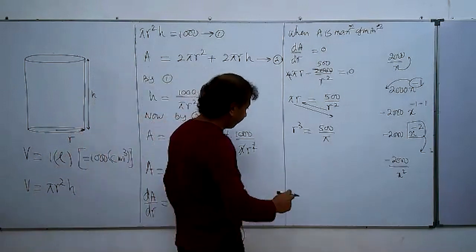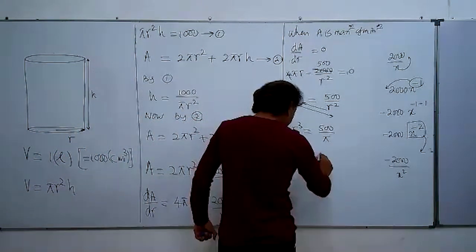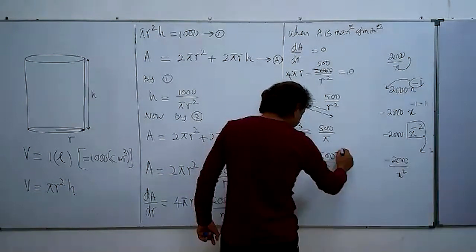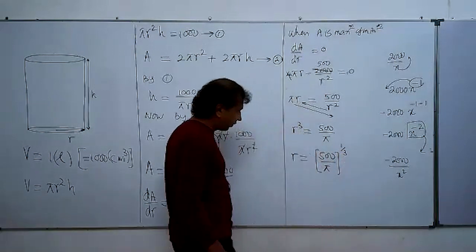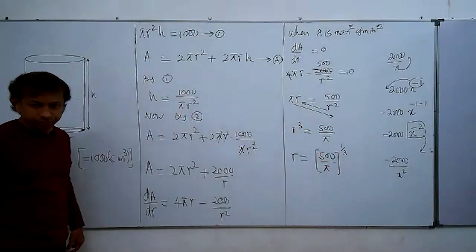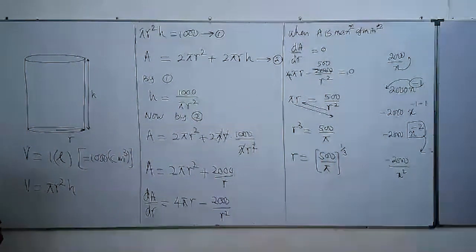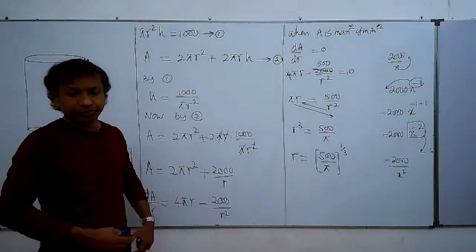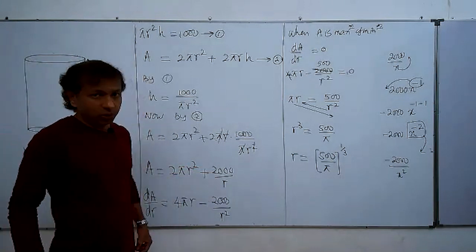You can find R by taking the cube root of this, 1/3 power is R. Now at this value of R, the area A is either maximum or minimum.